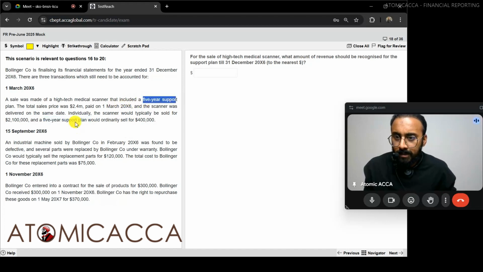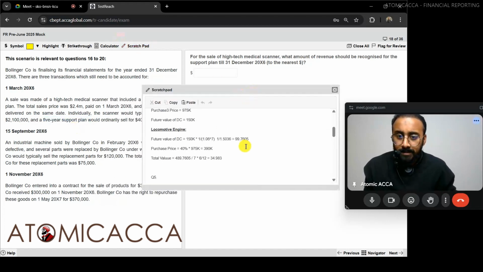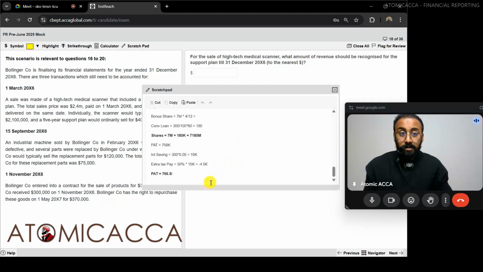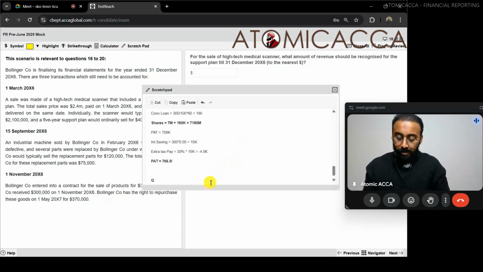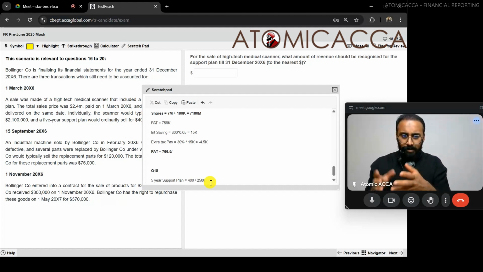5-year support plan. Okay, let's just note it down so that we don't mess it up. This is question number 18. The 5-year support plan value will be 400,000 divided by 2.5 million, that is 2.1 million plus 400,000.